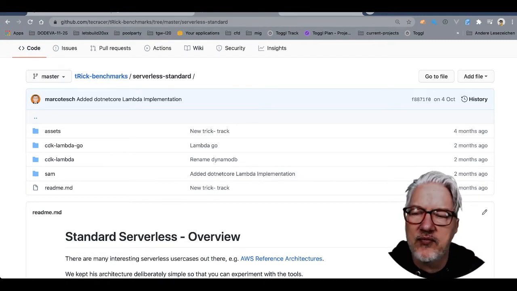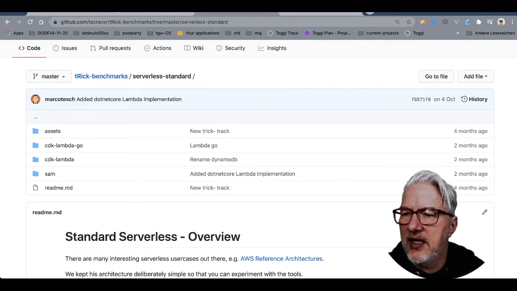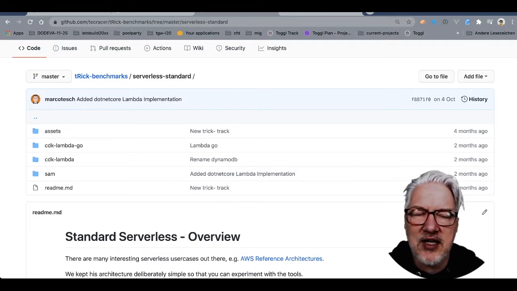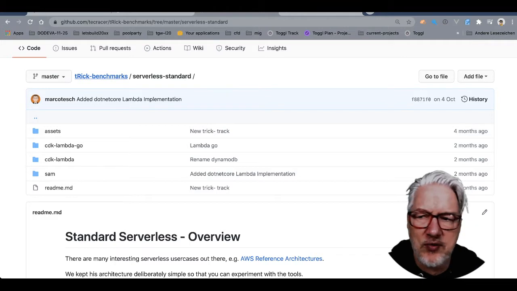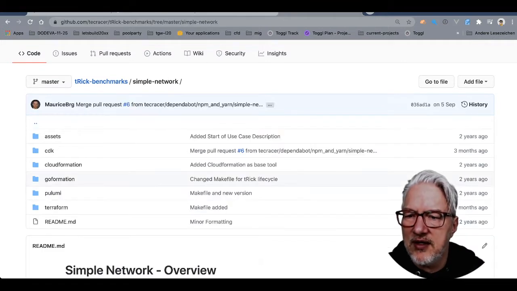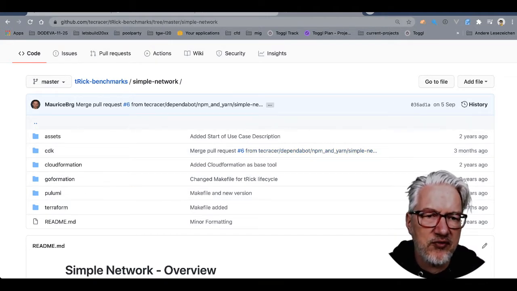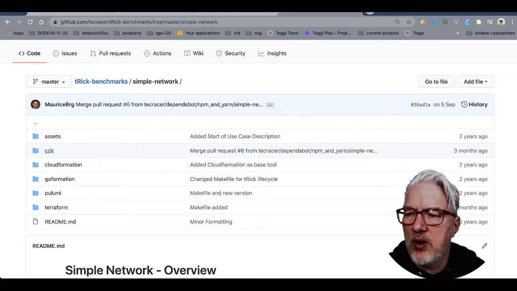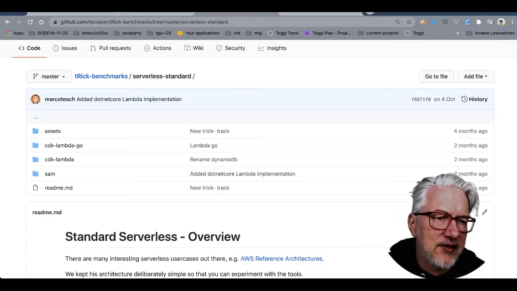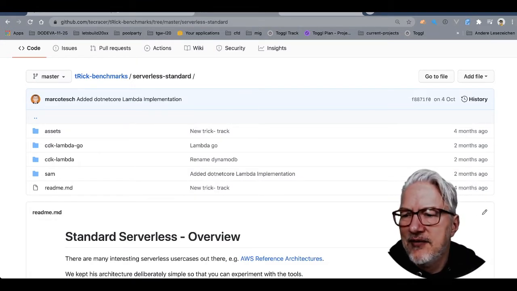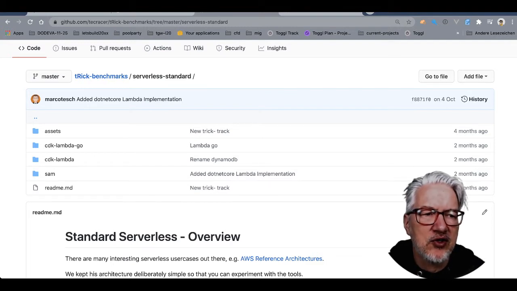And to support that we have frameworks and we can try it out, we have the TechRaiser infrastructure benchmarks. And we started it 2 years ago with the infrastructure frameworks, where we have CDK, CloudFormation, GoFormation, Pulumi, Terraform, and we are now building up the serverless standard benchmark to have a comparison.